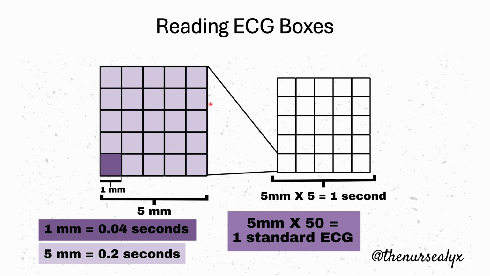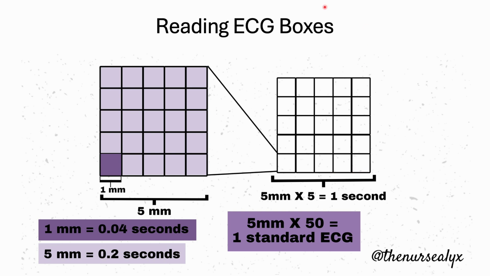This is time from left to right. 5 millimeters equals 0.2 seconds, or 200 milliseconds, because 5 times 40 is 200. These groups are further grouped into another 5 boxes, so that whole thing could fit into here. So this would be 25 millimeters, or 1 second.